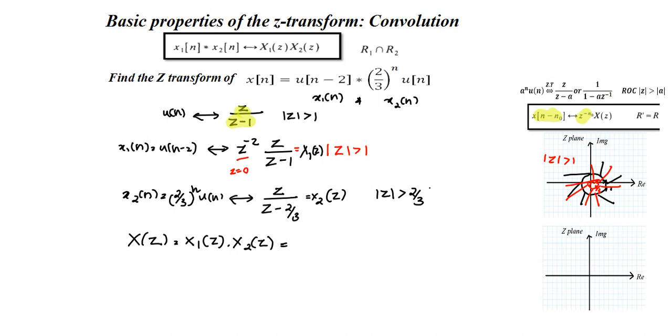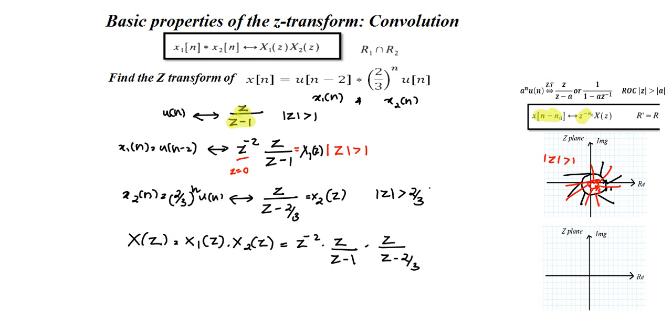So it becomes z raised to minus 2 into z by z minus 1 into z by z minus 2 by 3. And for the ROC, you can see that one signal is greater than 1 and another signal is greater than 2 by 3. So both signals converge for modulus of z greater than 1.